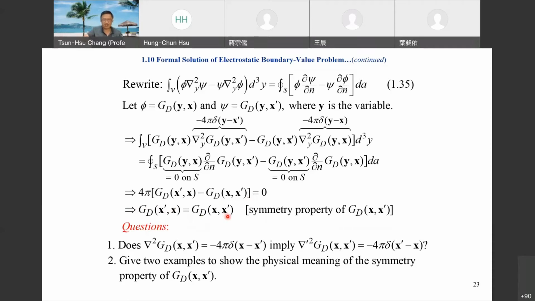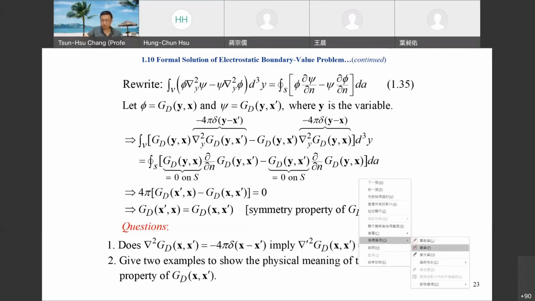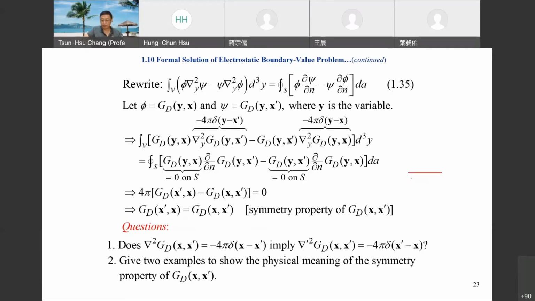That is very convenient because the green function is symmetric. We like this property very much. You can use this property to test the correctness of your green function. For example, sorry, it is very difficult for me to draw this one. Ugly. Yes, ugly.